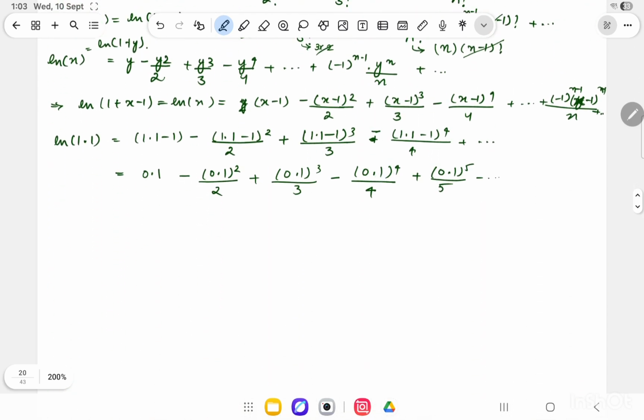So for that you need to check how many terms you need to include in the expansion to get it correct up to 4 decimal places. If I approximate ln 1.1 using the first 3 terms, I'll be getting 0.1 minus 0.1 squared into 0.5 plus the third term.